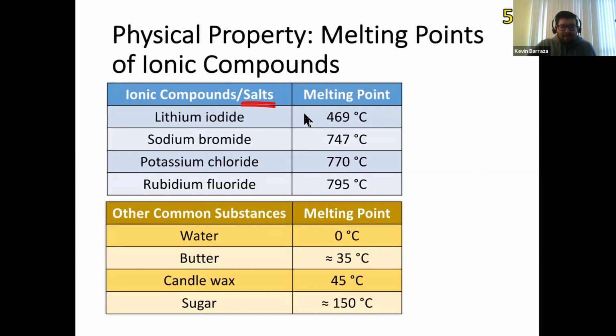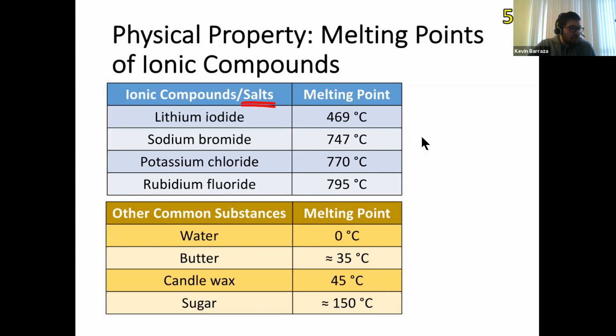What we see here are the melting points of several different kinds of ionic compounds, in degrees Celsius. And it could be hard to see what the meaning of these numbers are. So to contrast that, I put some common substances, like the melting point of water is 0, butter, 35, candle wax, sugar.